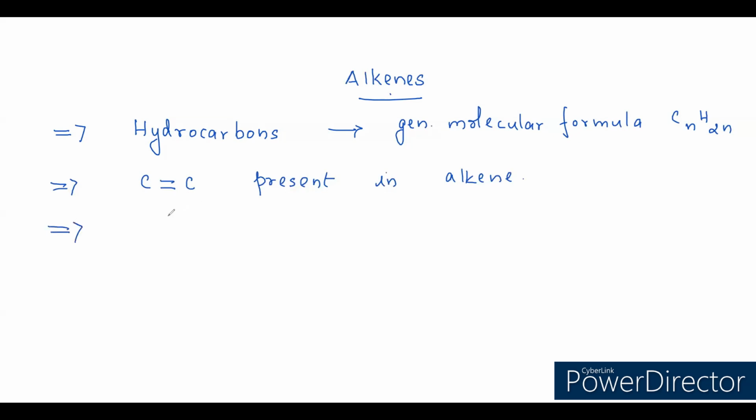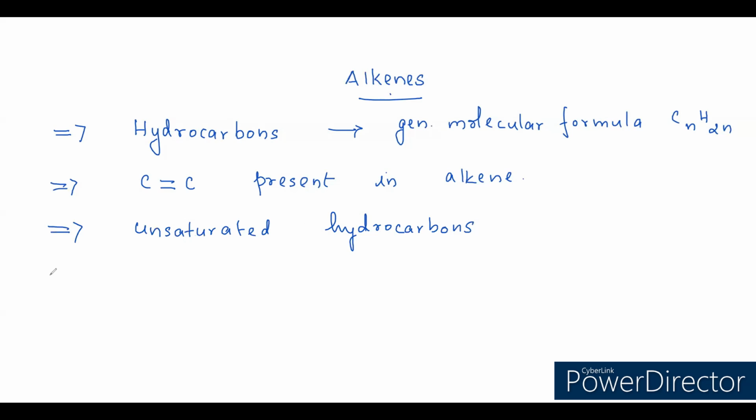The presence of the double bond makes alkene an unsaturated hydrocarbon. Alkenes are unsaturated hydrocarbons. Alkanes, we already studied, are saturated hydrocarbons.